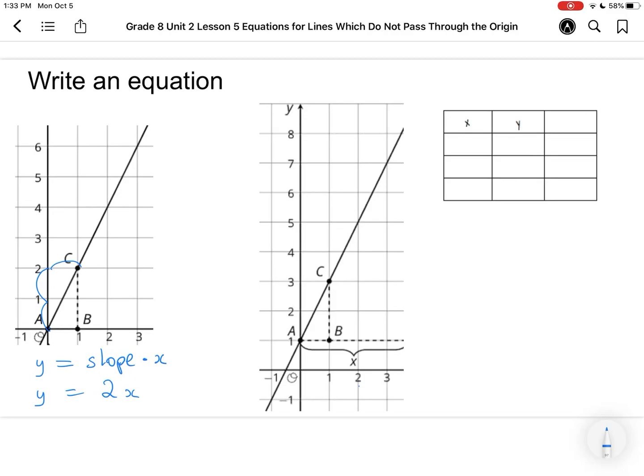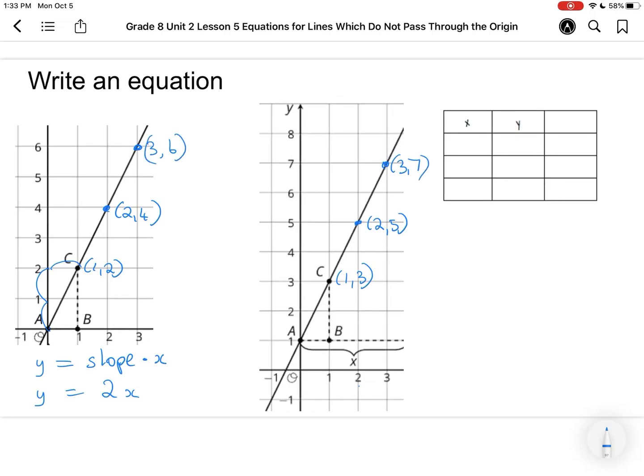And so our points now are 1, 3, 2, 5, and 3, 7, as opposed to 1, 2, 2, 4, and 3, 6.